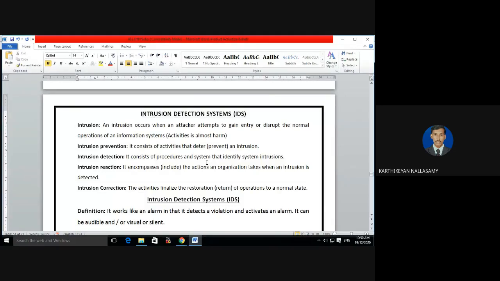For example, think about a bank. If a theft is possible and the manager predicts it, they are sensing it, and they immediately press the alarm. So the alarm rings automatically, which creates alertness that a theft or an attack such as hacking is possible, where an unauthorized person can access the information of an organization.